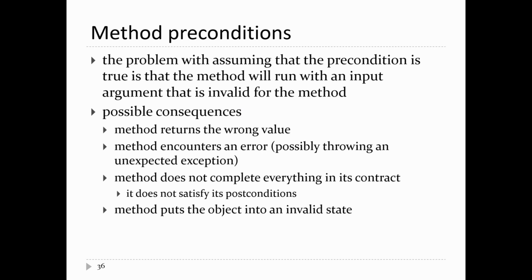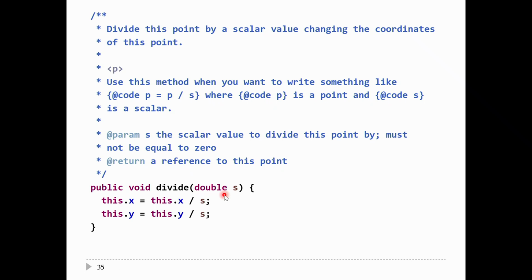That particular method doesn't return a value. Instead, the method might put the object into an invalid state. In this particular method, if s is 0, you end up with a point whose coordinates are either infinity or not a number. You might argue that in either case, that point is no longer a valid point, or no longer a useful point anyway.